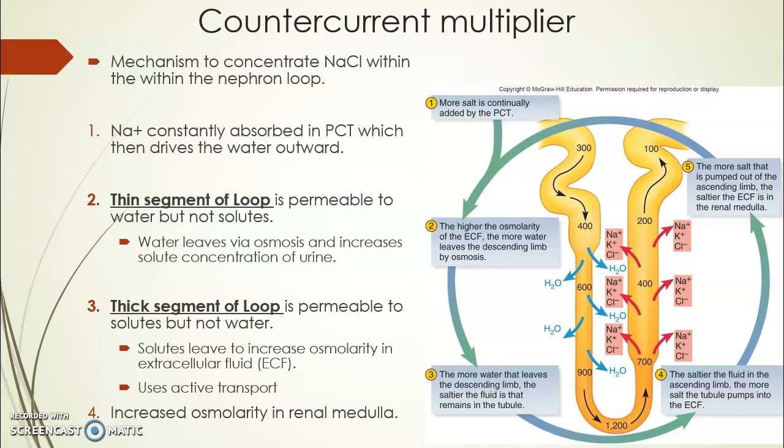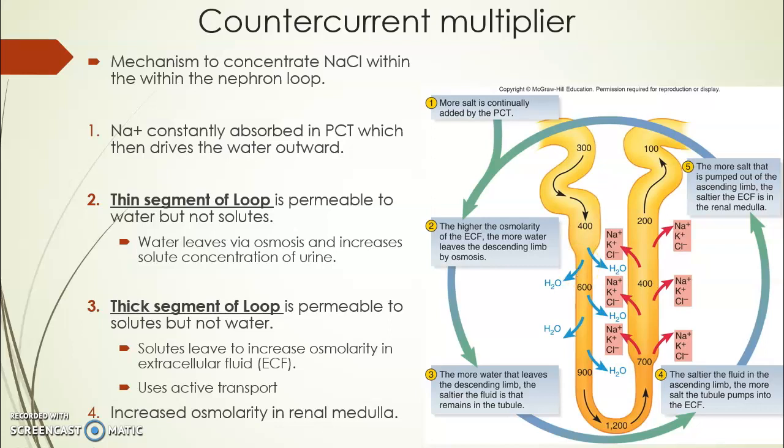So here's this countercurrent multiplier that we were just talking about. This is a mechanism by which the nephron tries to concentrate solutes so it can produce water movement. If you recall, the thin segment of the loop of Henle, or nephron loop, was permeable to water, but not solutes.